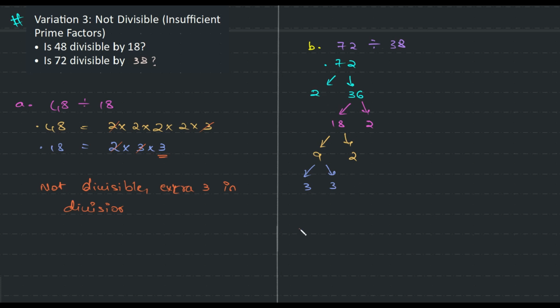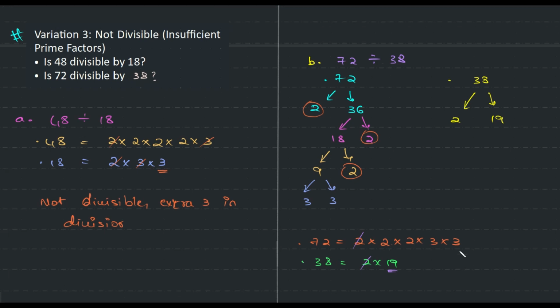So we have 72 as 2 into 2 into 2 and 3 into 3. While 38 is clearly 2 into 19. When we tally, 2 and 2, there is no 19. And so you know the conclusion. Not going to write it.